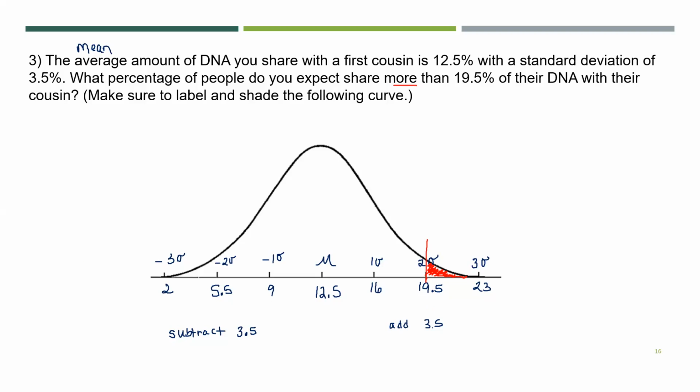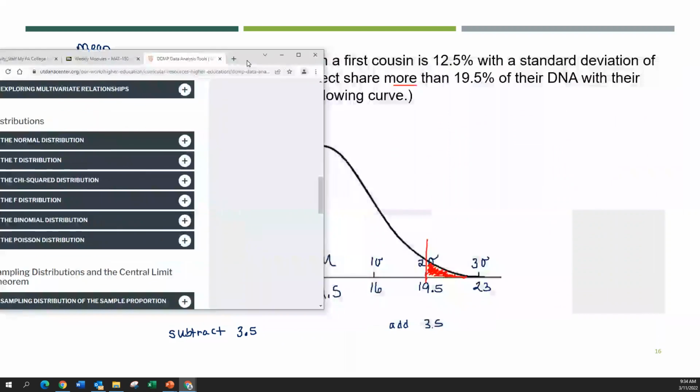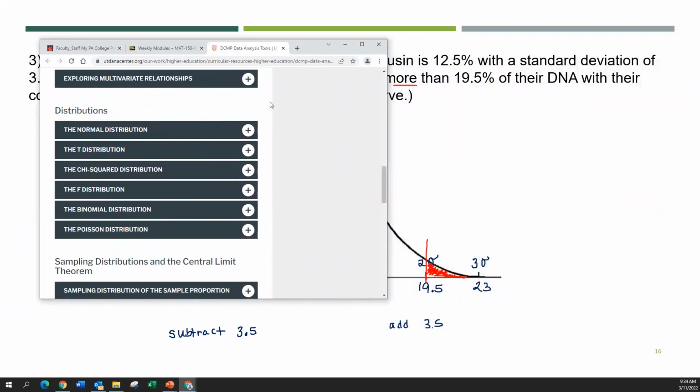In order to figure out the actual answer, though, we are going to use technology. So this could be done by calculating a z-score and then looking up the percent on a table, but I think it's honestly actually easier to do this with technology.